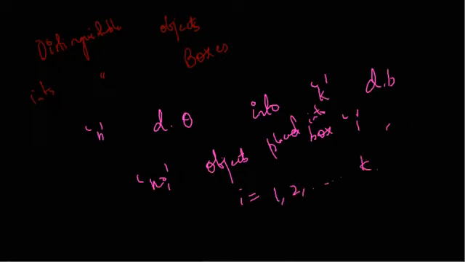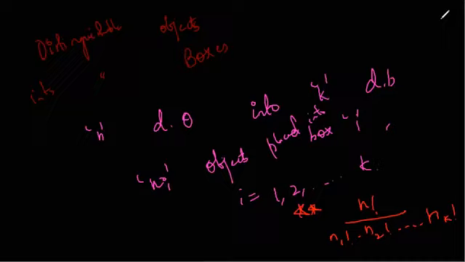The formula is written as follows: n factorial by n1 factorial into n2 factorial and so on up to nk factorial. That is, in the first box you are placing n1 objects, in the second box you are placing n2 objects, and this continues till nk.